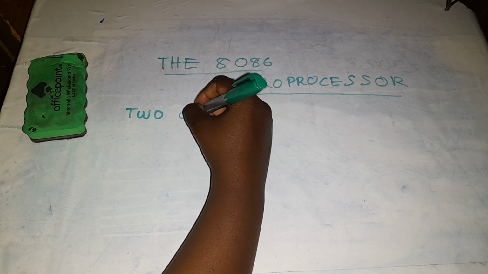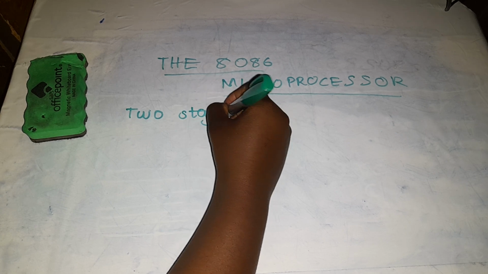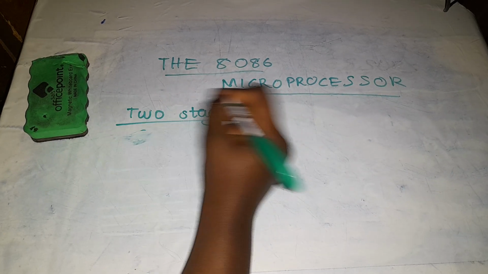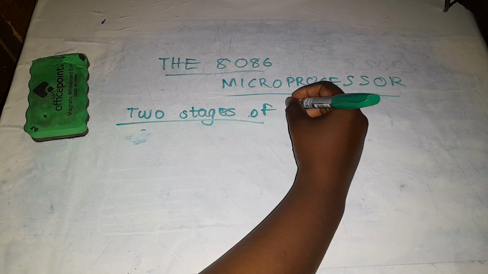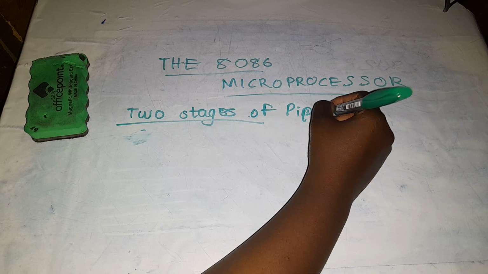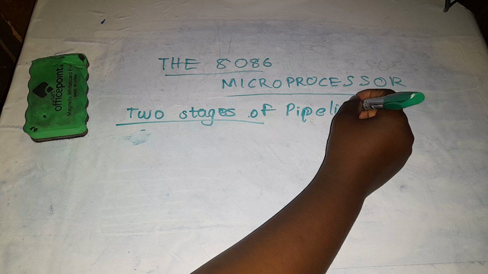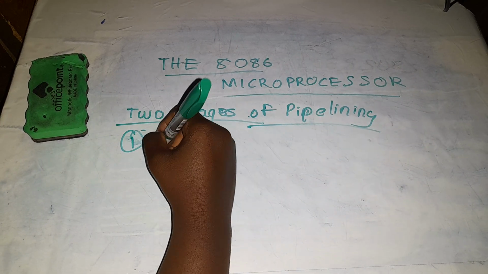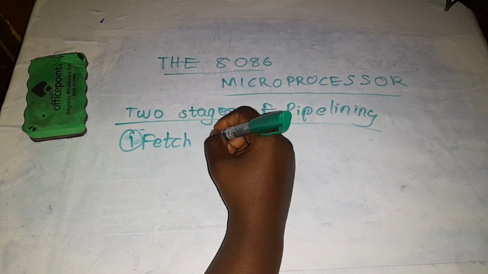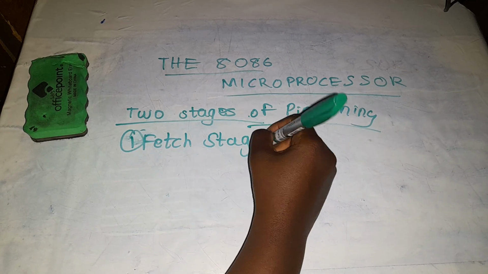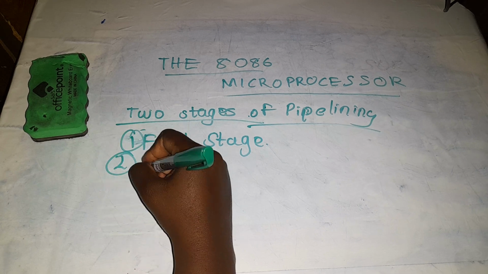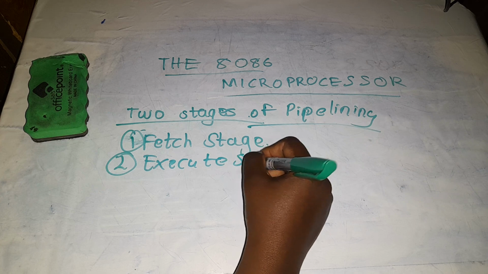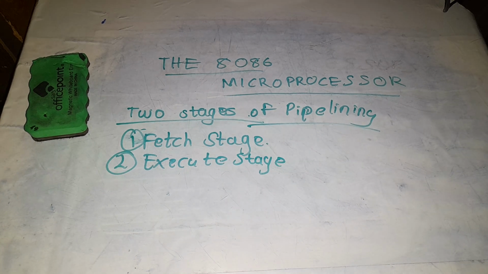Another important thing is that it has 2 stages of pipelining. Number 1, we have the fetch stage, and the execute stage. And what does this do?